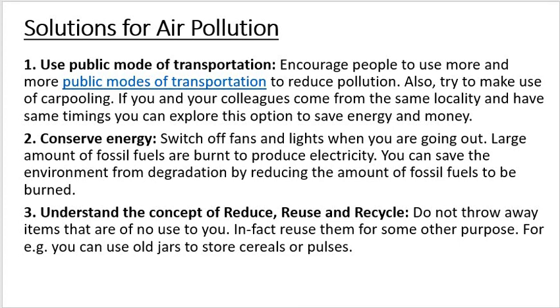So the second is conserve energy. As individuals, we need to switch off fans and lights when we are going out. A large amount of fossil fuels is burned to produce electricity. We can save the environment from degradation by reducing the amount of fossil fuels burned.